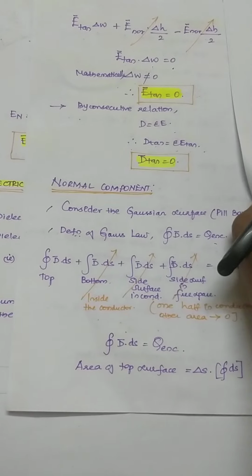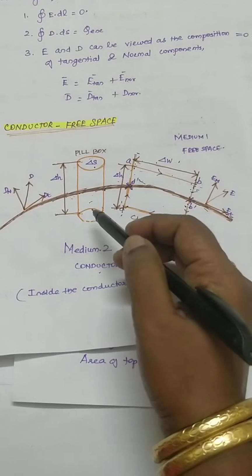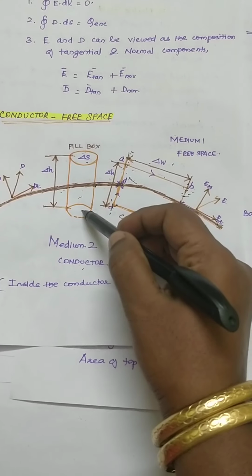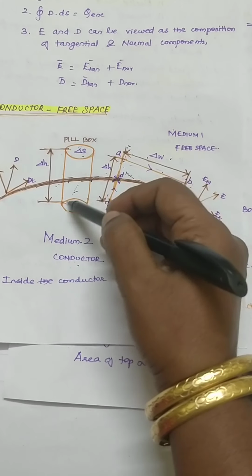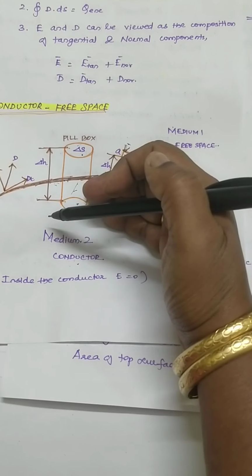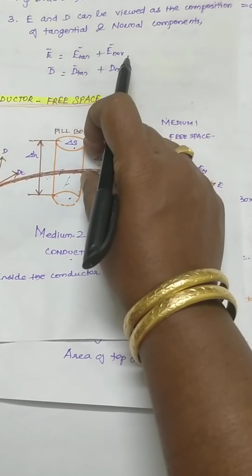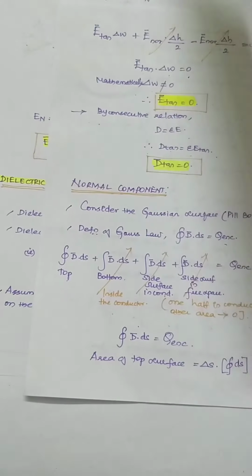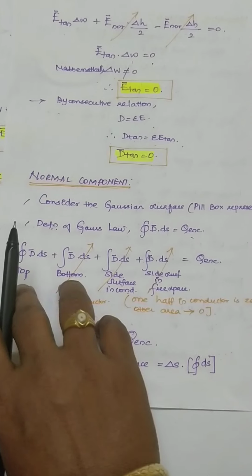As we already know, this bottom surface is purely lying inside the conductor, so inside the conductor E is equal to 0. Likewise, half of the side faces is lying inside the conductor, whereas the other part is a very small value which can be neglected.